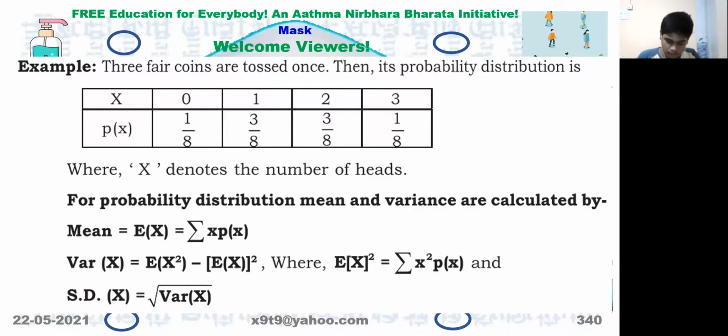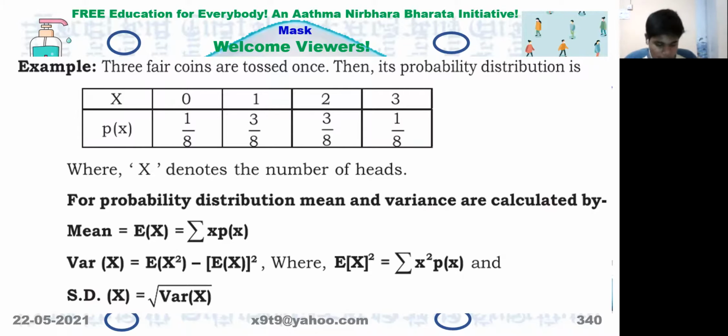So at the bottom, sigma px we can take if you want. Sigma x is not required. We want sigma x into px, that is the fourth column. So the bottom will be sigma x px. Then the fifth column is sigma x square px.